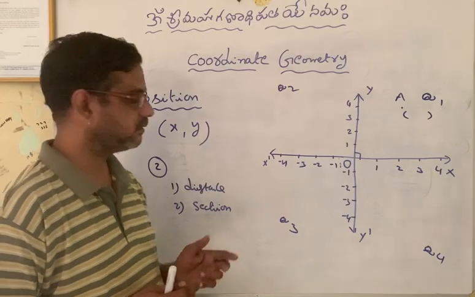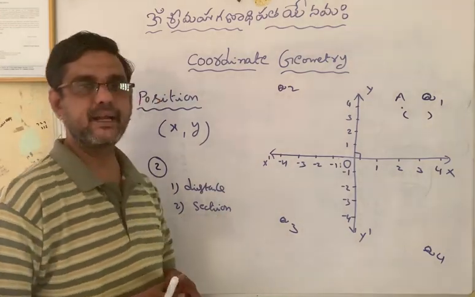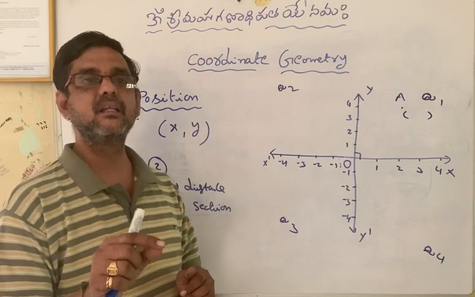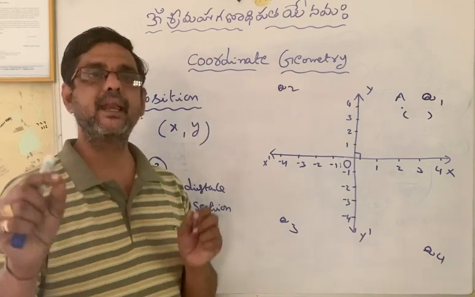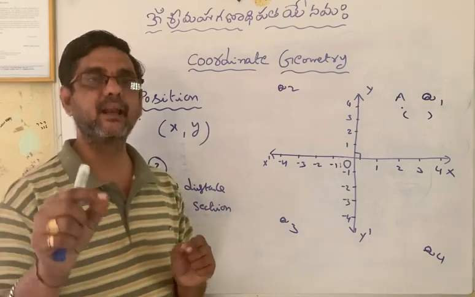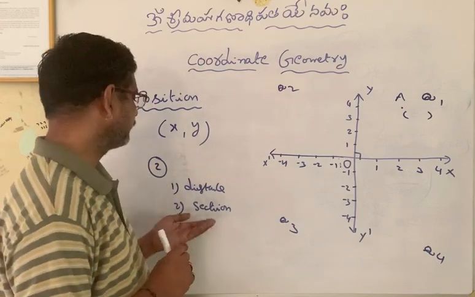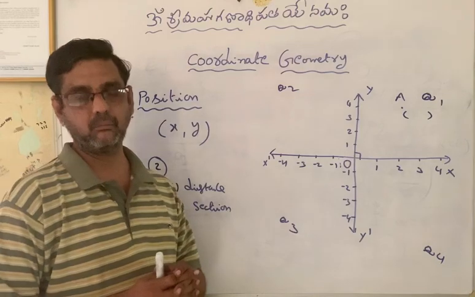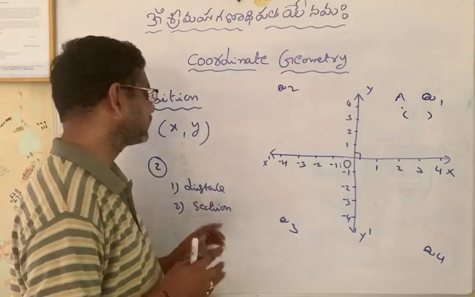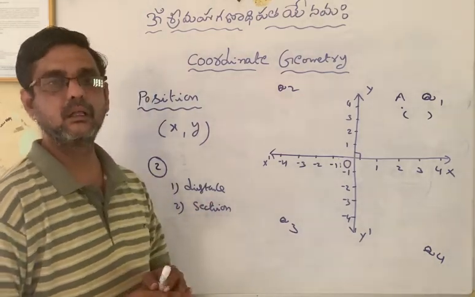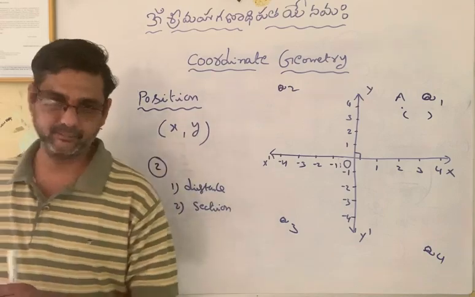Once again I am repeating. We have to find out the coordinates of a point which divides the line segment joining any two points in a given ratio. To find out that position, we have to use the section formula. So these are the two concepts that we are going to learn in class 10.